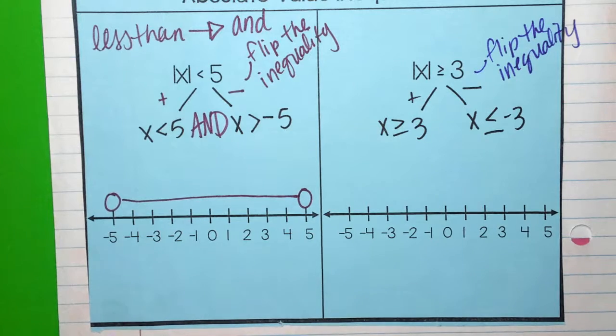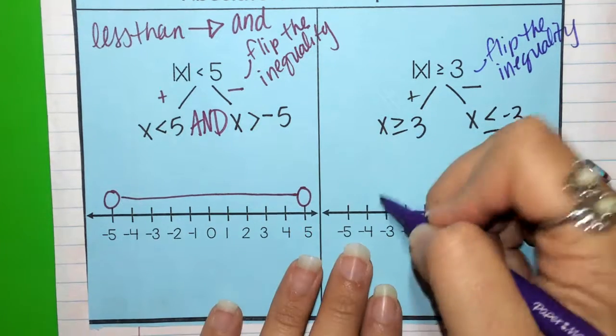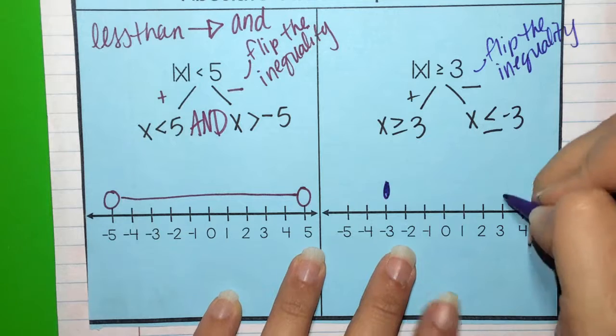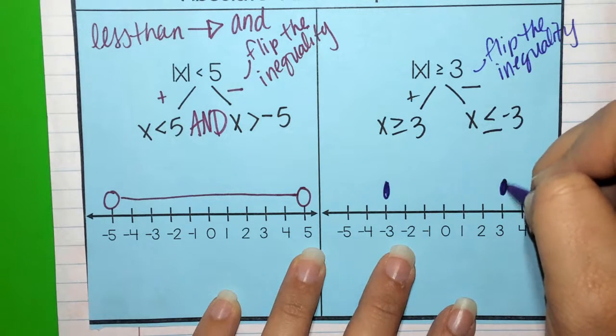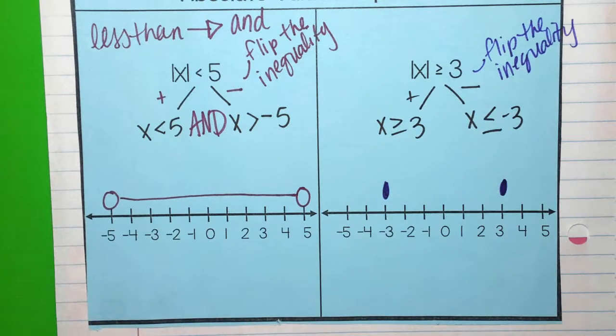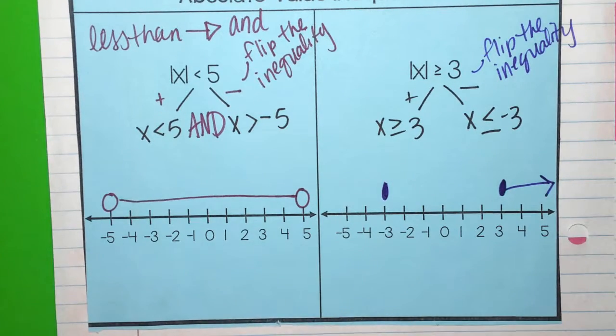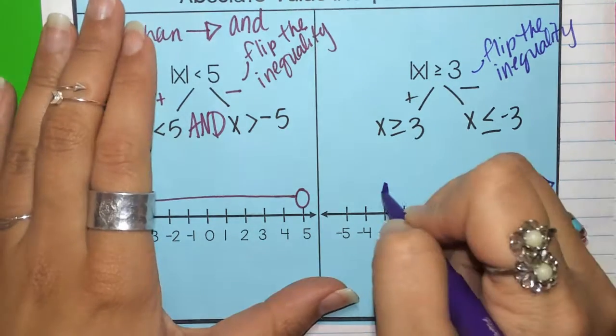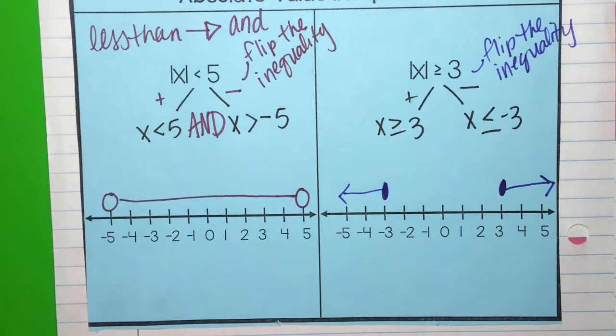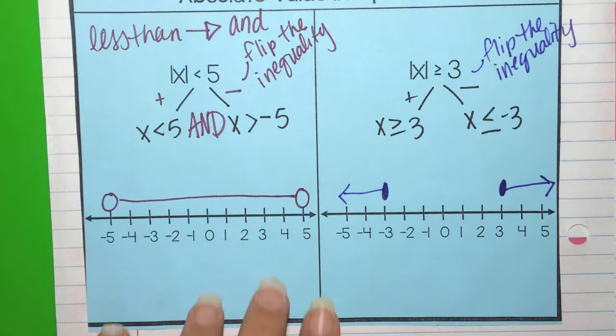Alright, so are we going to have an open or closed circle this time? Closed. What numbers are greater than 3? So we shade to the right. And what numbers are less than negative 3? Is that an or inequality? Did we do it right?